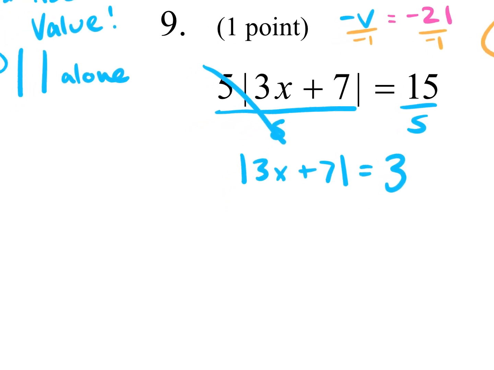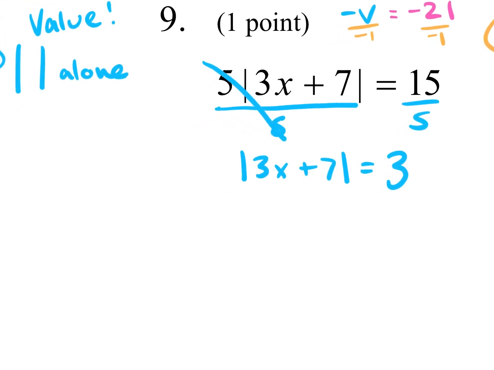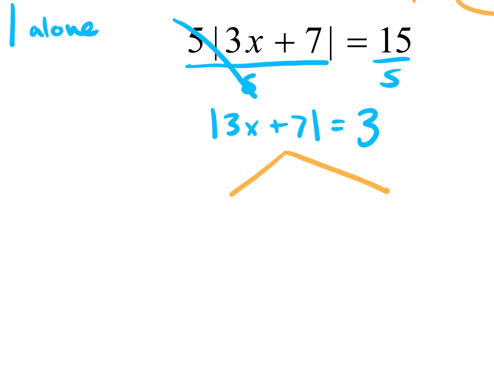Now to get rid of the absolute value bars, we have to split it up into 2 different questions. Because what does the absolute value bar always do to whatever is inside? Makes it positive. So technically the inside, this 3x plus 7 could be equal to negative 3, but the bars make it positive. So I would say 3x plus 7 is equal to positive 3, just like it's written there.